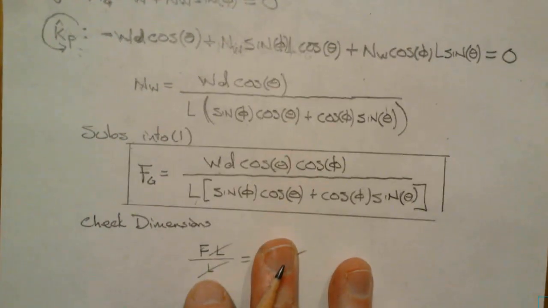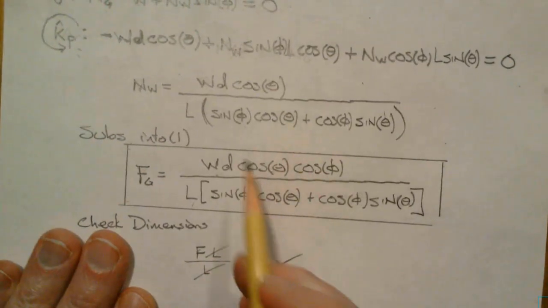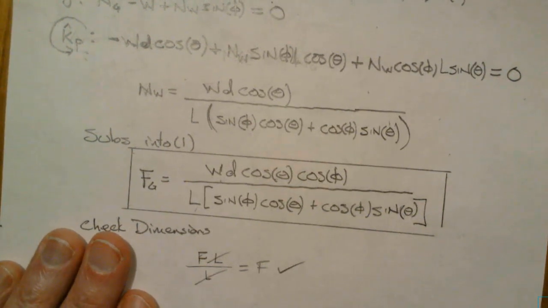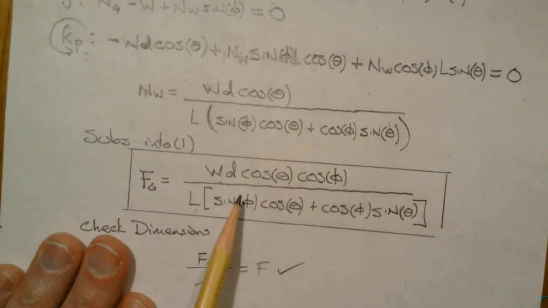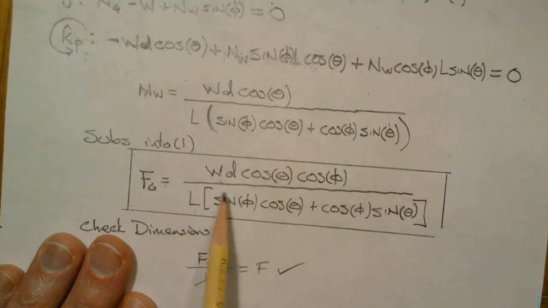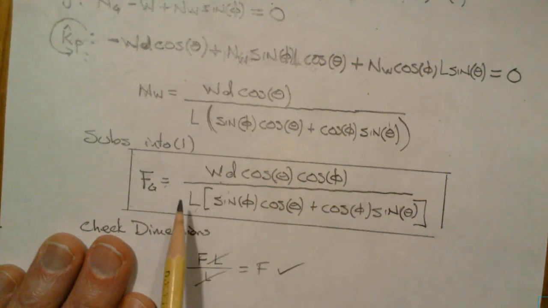Isn't that nice? Isn't that satisfying? If the dimensions didn't turn out right, then we would have a problem. That means we did something wrong. We need equalities to make sense. Here's an equal sign. Equal sign means this thing on the left has to be the same thing as this thing on the right.